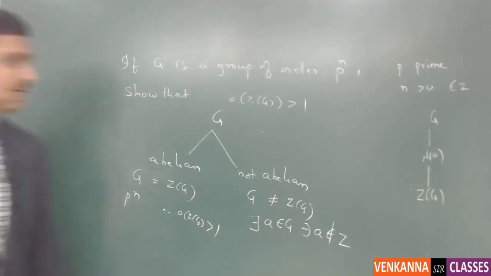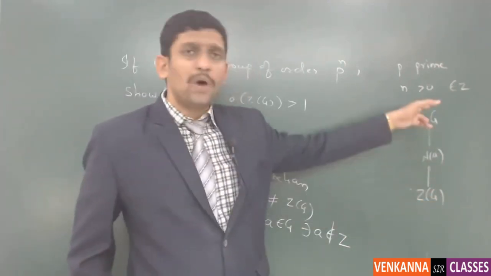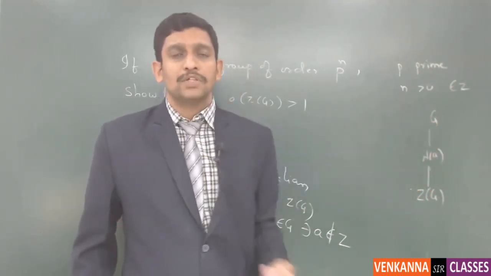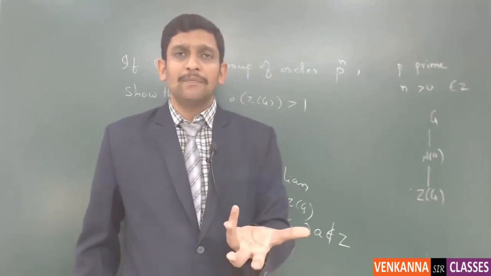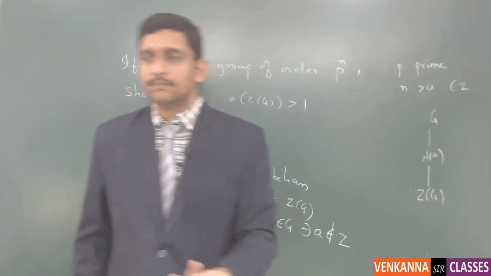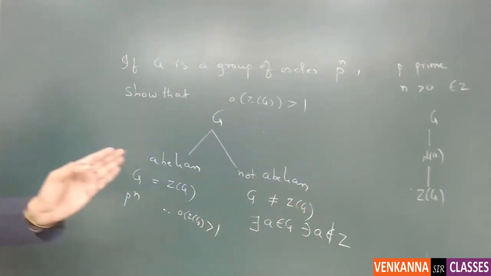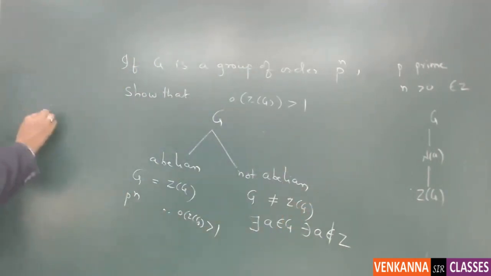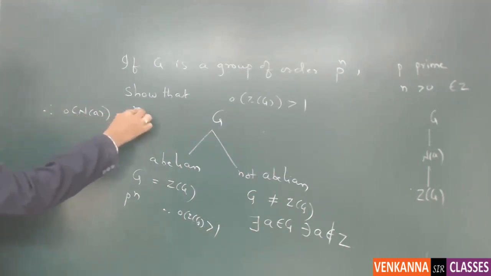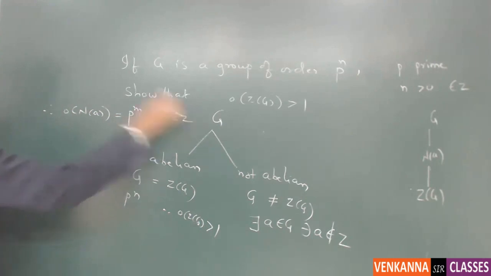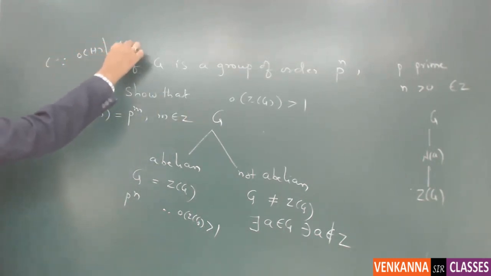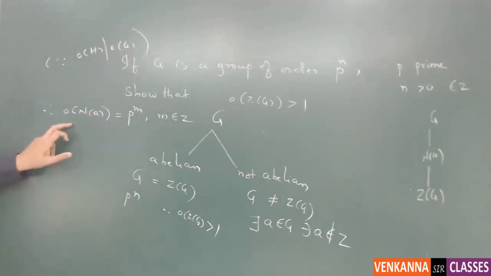So you can observe that H is a subgroup of G. By Lagrange's theorem, every subgroup's order divides the order of the group, so you can apply that property there. Order of N(A) is equal to p power m, since order of H divides order of G, the Lagrange's theorem concept I am applying here.